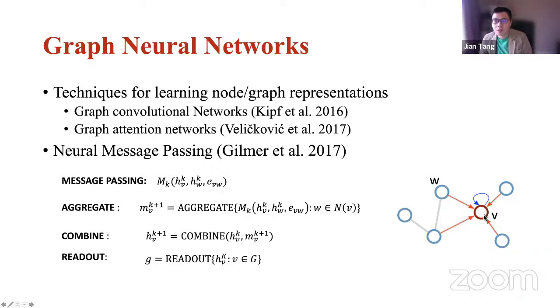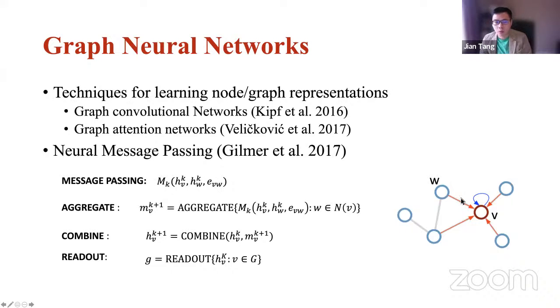Let's say v is our central node. And then what we have here in the graph neural network architecture, or in the general neural message passing framework, is that we usually have a function called message passing, which determines the messages from the neighbors. Here the message function is actually defined on each edge.